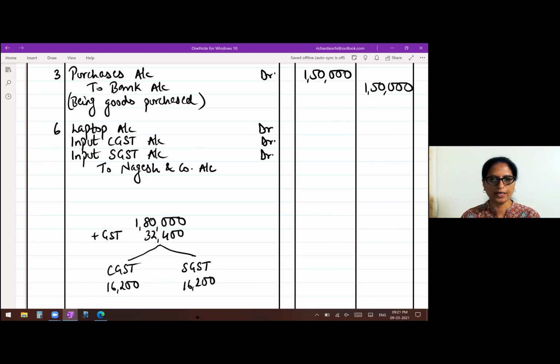So now write laptop account debit 1,80,000. Input CGST 16,200. Input SGST account 16,200. To Nagesh and Company's account 2,12,400. You have to take the total of the debit column. Being laptop purchased at 18% GST.